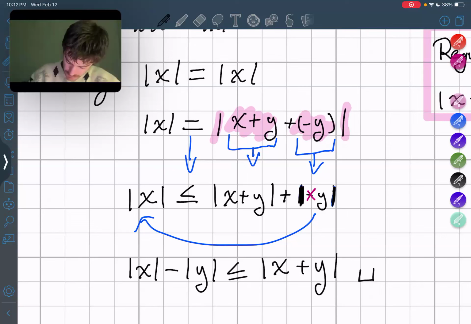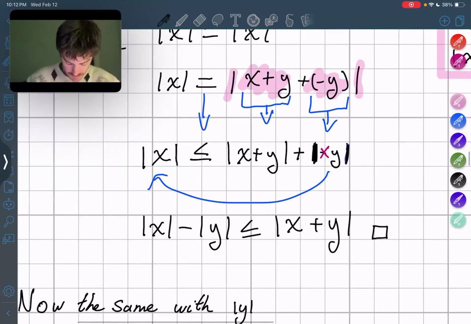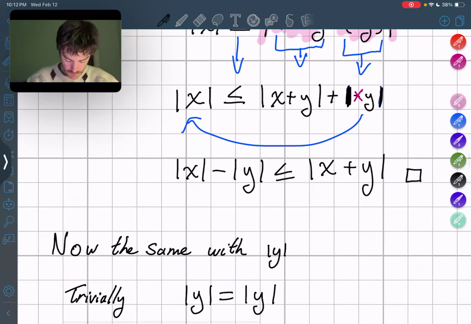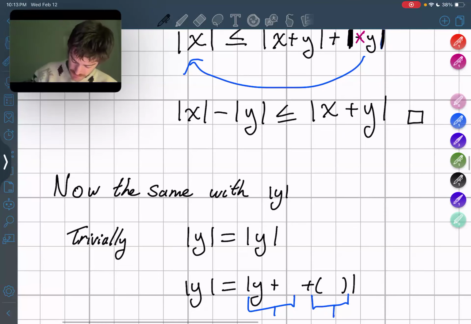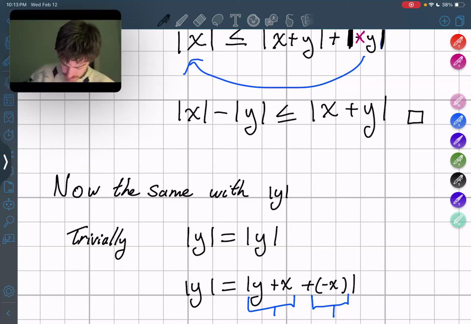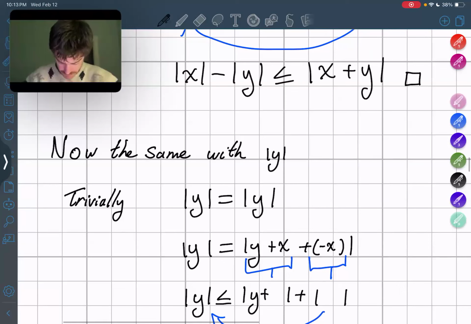And we're going to stop our thinking here and move on to our next number, y. So once again, trivially, the absolute value of y is equal to the absolute value of y. And we're going to do that same lovely trick here where we add x and then we add negative x, effectively adding nothing.